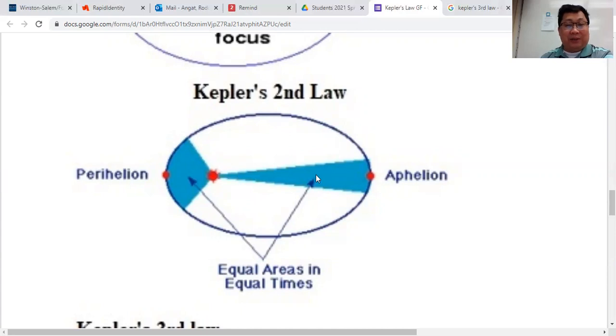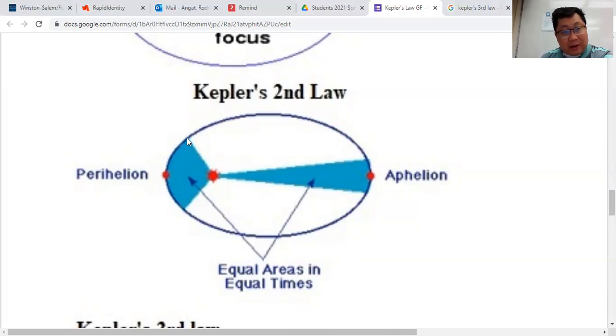Now, let's go back to Kepler's second law. Let's say that Earth traveled from this point to that point in 5 days. As you can see, it only covered a little bit of orbit, just this much, because it's very far from the sun. But when it is in perihelion, in 5 days, the same amount of time, it covered this much orbit.